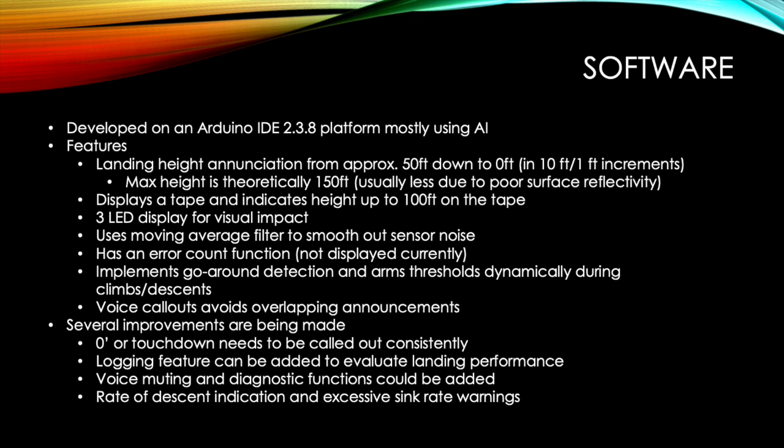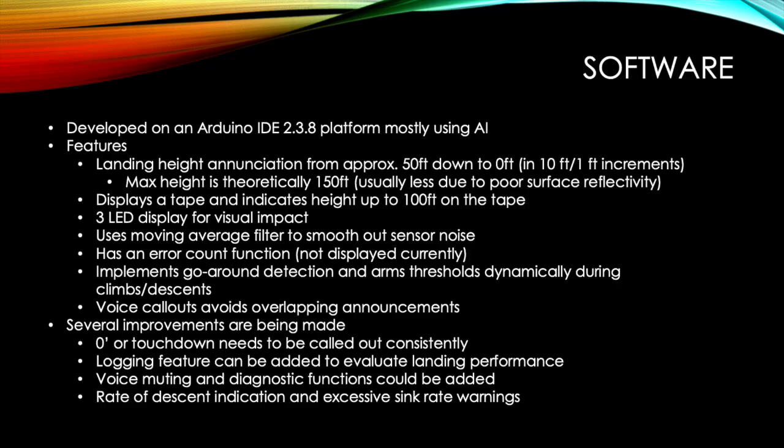So the features, as far as I've implemented so far: it's a landing height system which works from approximately 50 feet down to 0 feet in 10-foot increments at the beginning, and then 1-foot increments below, I think, 5 feet. It's got a maximum height of about 150 feet based on the sensor itself, but that's assuming 90% reflectivity; with typical reflectivity of 20-30%, it's down to about 50 feet or so.